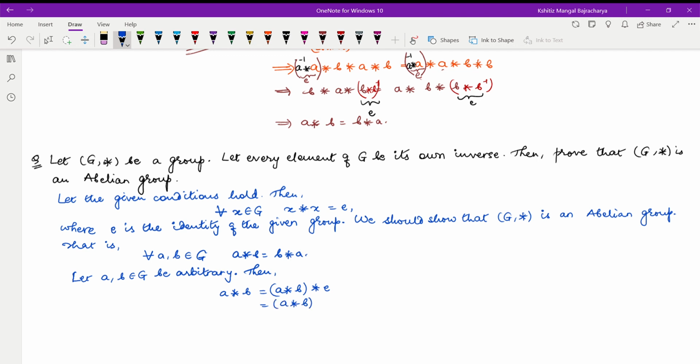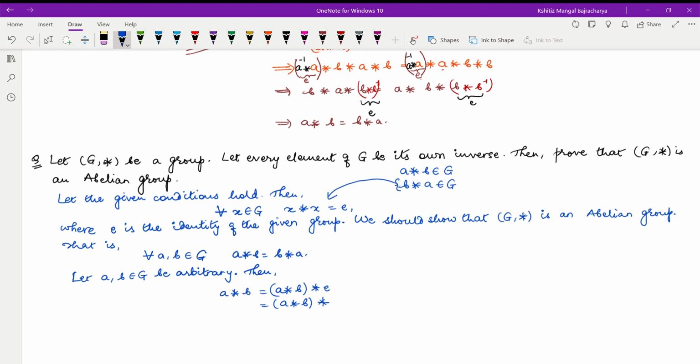Now since G is a group, A star B should be in G as well as B star A should be in G. Since these two elements are in G, in particular since B star A is in G, B star A should satisfy this given condition.